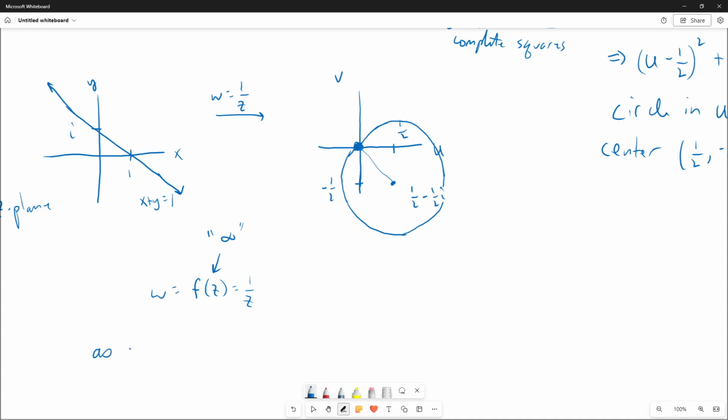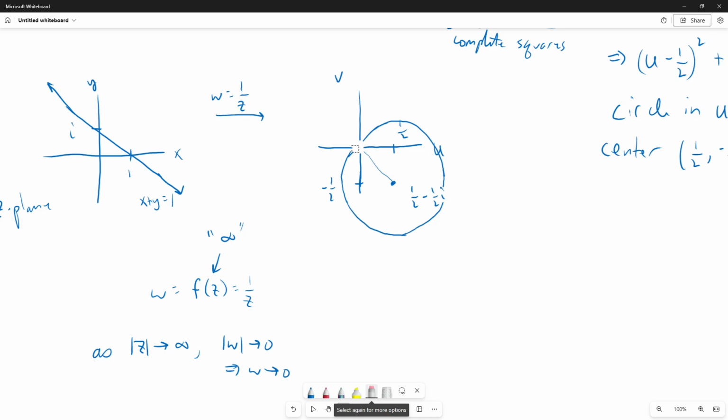So as the modulus of z goes to infinity, the modulus of w should go to 0, which means that w itself goes to 0. So this point, which I've emphasized here, should really be an open dot. It's not actually part of the image because these lines never actually include the point infinity, so their image does not include the point 0.